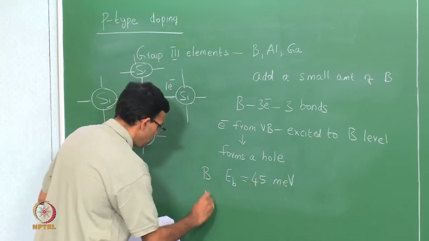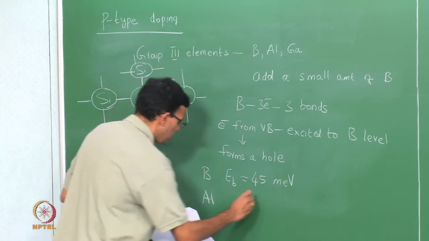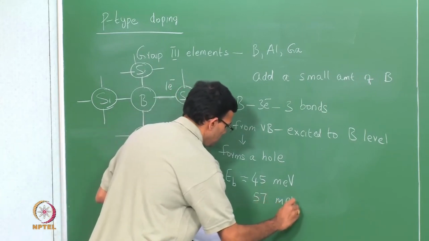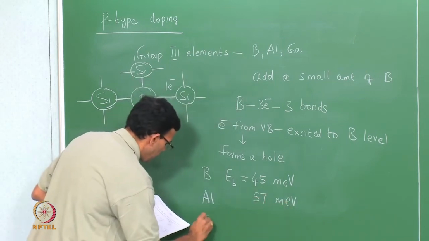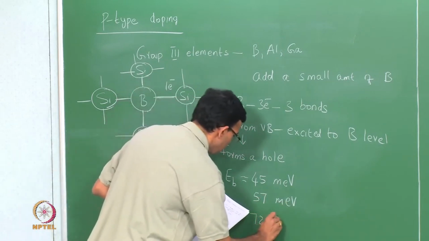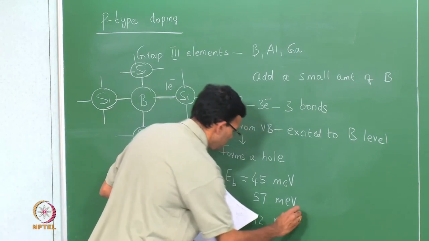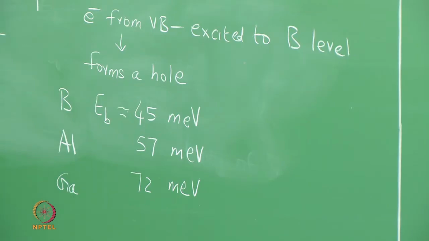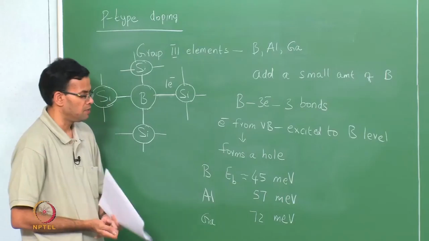If you have aluminum, it is around 57. If you have gallium, it is around 72.